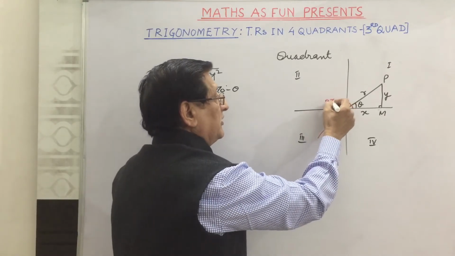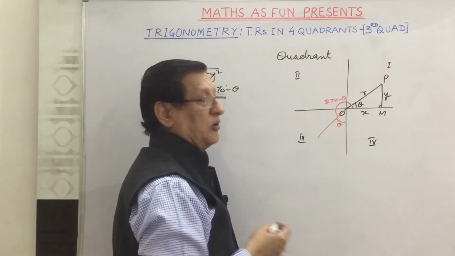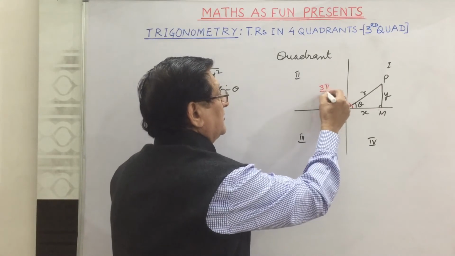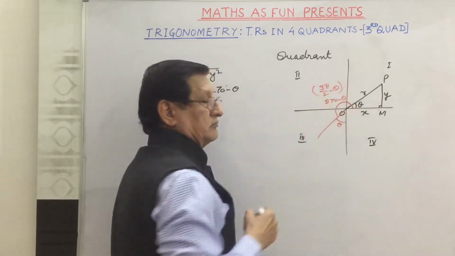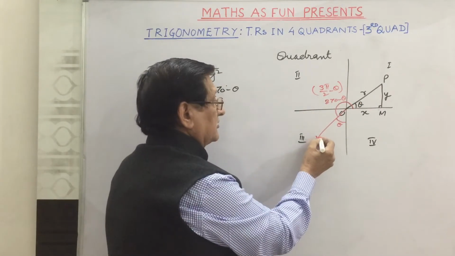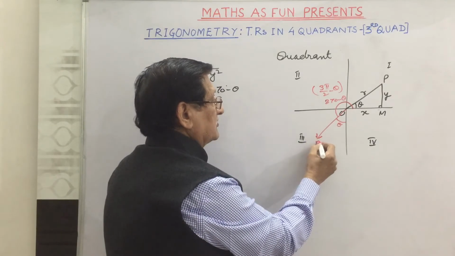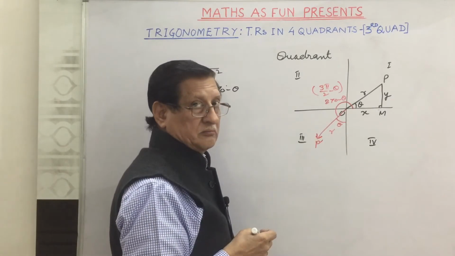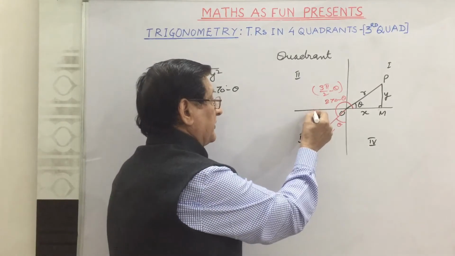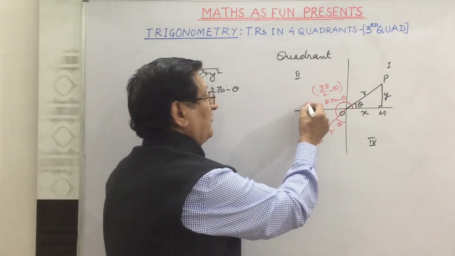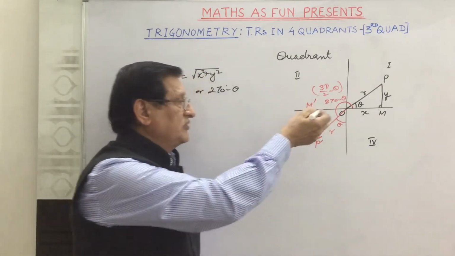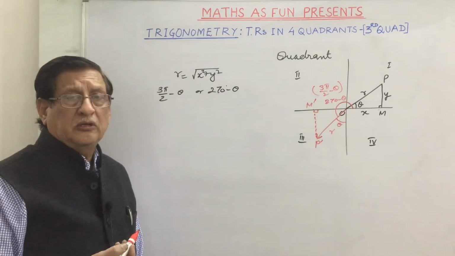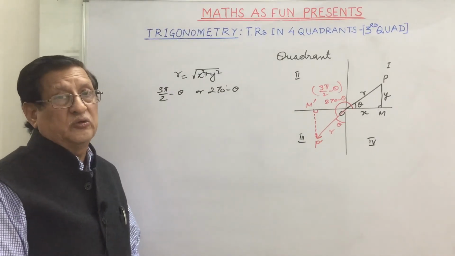Then this will be 270 minus theta, or we say 3 pi by 2 minus theta. In that case, this will be equal to r. This is your p dash. And if we draw the perpendicular, the same way we find this is m dash, and hence we can find it. But there is one more method we can make use of.